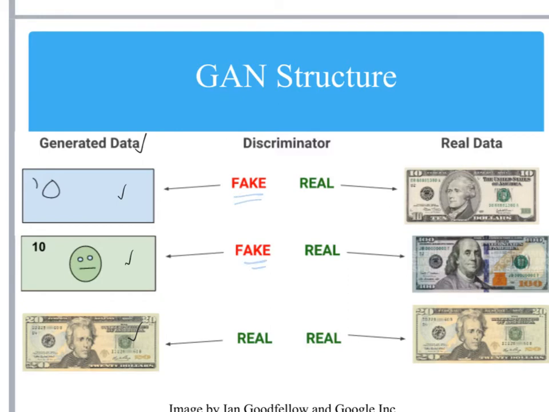The second one is fake too. The third one gets better, to the point that the discriminator cannot distinguish between the two. So this is a cat and mouse game, or a drunk guy and bouncer game. This is something that helps you see how GAN structure works. And of course, this is for somebody who is an ordinary person or a layman. So that's how you'd look at the principle behind GAN architecture.